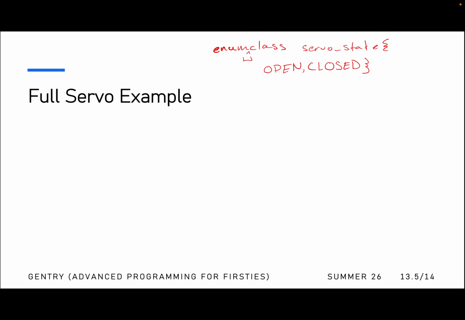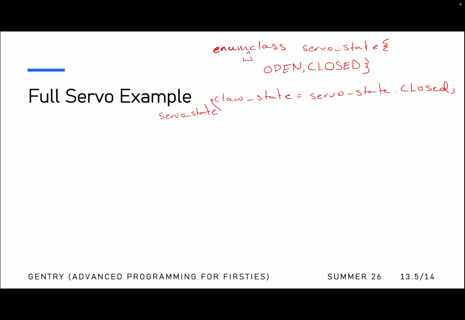Let's say claw state, which is of type ServoState. So ServoState clawState is equal to ServoState.CLOSED initially, with our semicolon, and then that's pretty much it.